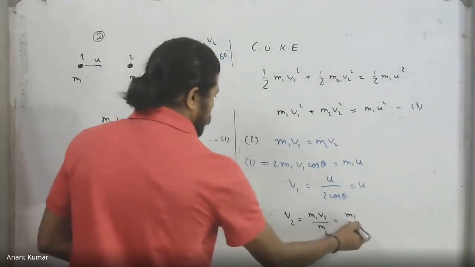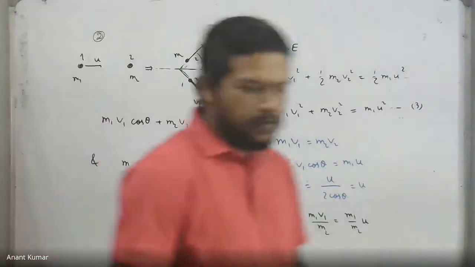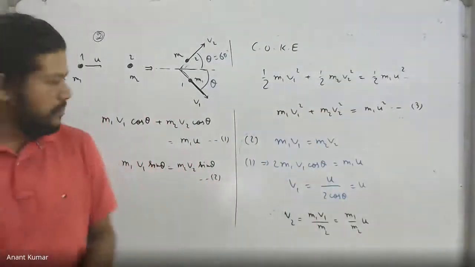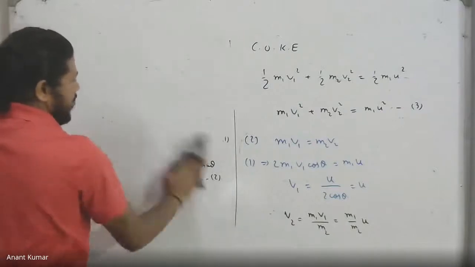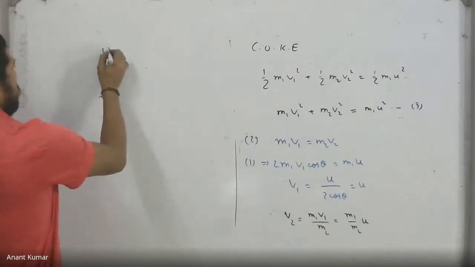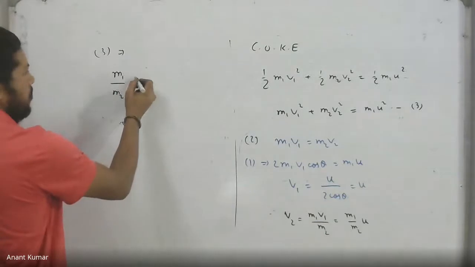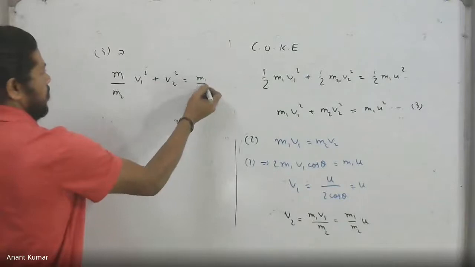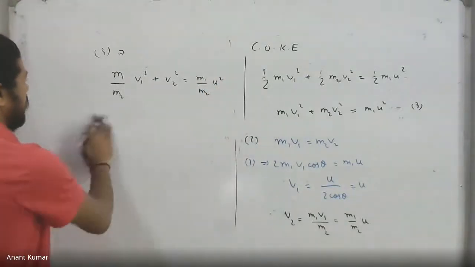That becomes m1 by m2 into u, as we have. v2 is known in terms of this one. Utilize now the third equation. Third equation gives us, just divide by m2, so I get m1 by m2 v1 square plus v2 square equal to m1 by m2 into u square. I can put v1 square as u square.